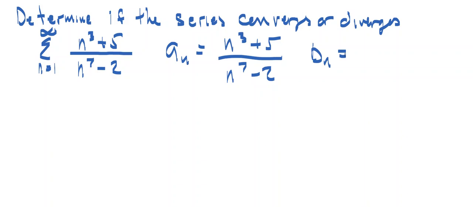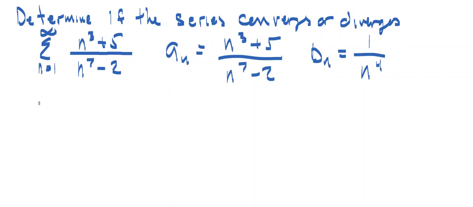As n gets infinitely large, the plus 5 and the minus 2 really are insignificant. So we're looking at n cubed divided by n to the 7th, which is really 1 over n to the 4th. So we're going to compare this to 1 over n to the 4th. That is our comparison series.